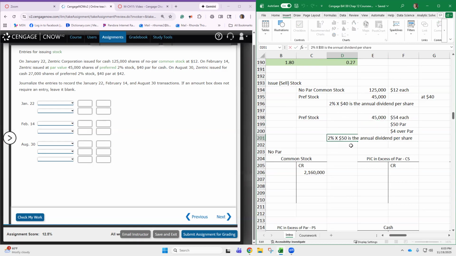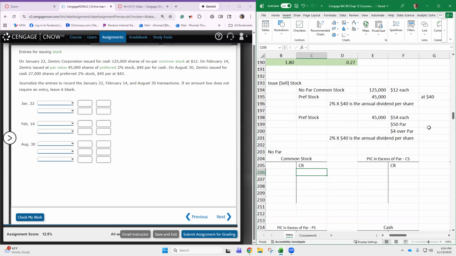So once again, they're paying out dividends of 2% of the par. So we're just trying to understand. And the first time we did preferred shares, we did it for par. All right. So how much went out? How much cash is coming in?